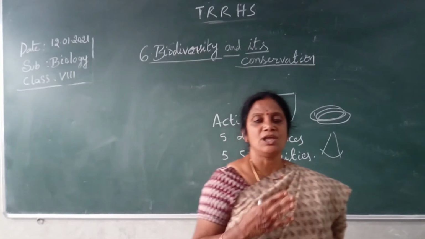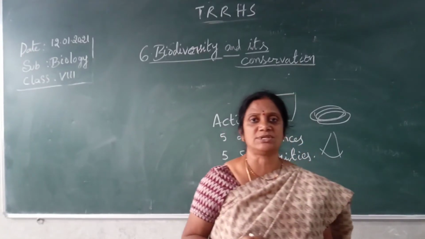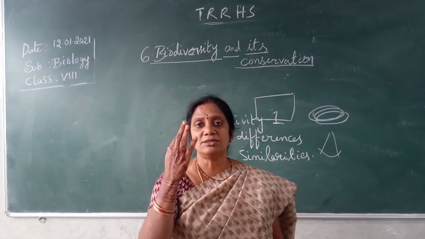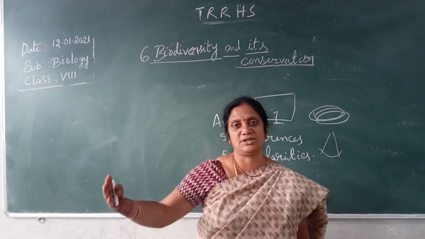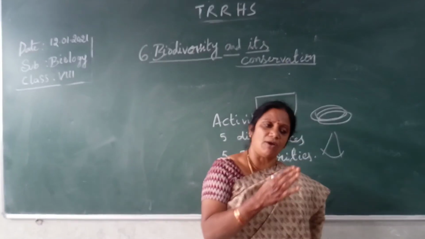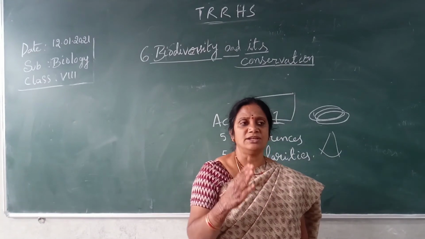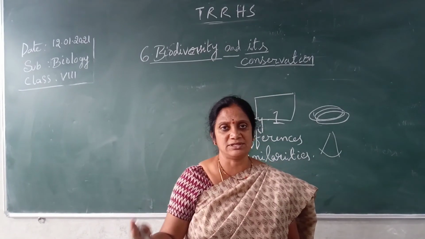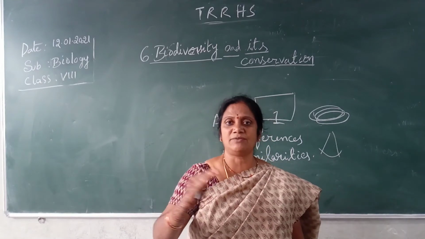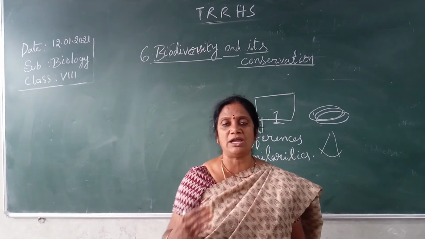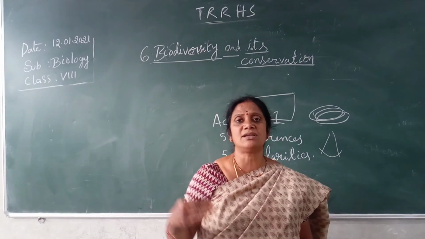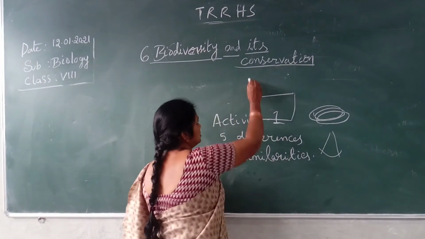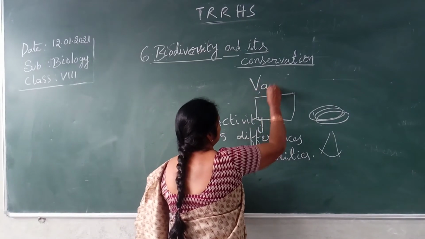A fish heart has two chambers, and a frog's heart has three chambers. The heart is the same, but the chambers are different. Like that, you can observe differences in all animals. They may look alike, but with keen observation you can find many differences. These differences are called variations.